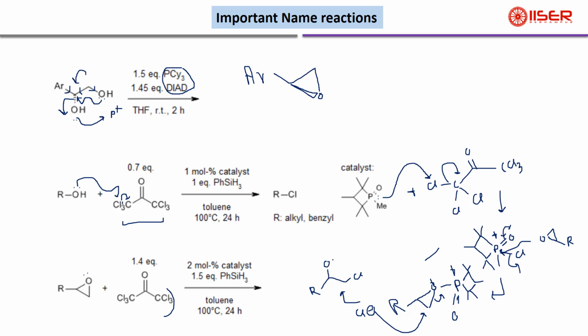Now this oxygen is still coordinated with the phosphorus. Then another chlorine atom will attack, and give us a dichlorinated compound.